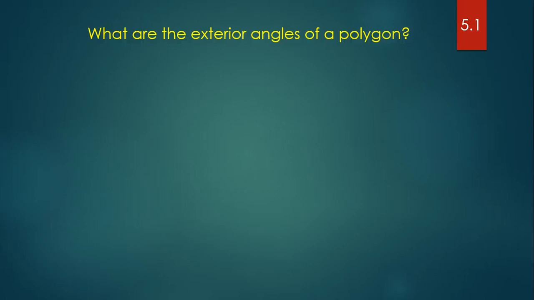So now let's think about what exterior angles of a polygon would be. And we're going to look at this pentagon as our example. We know what the interior angles are. They're the angles inside the polygon. The exterior angles are formed if we take each of the sides of the polygon and extend it out.